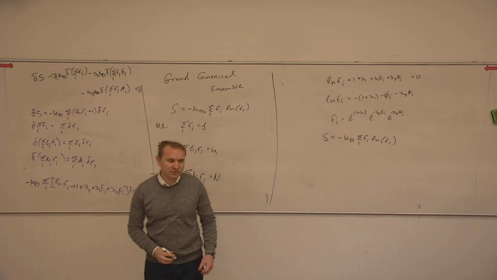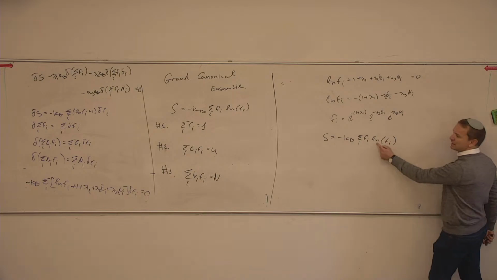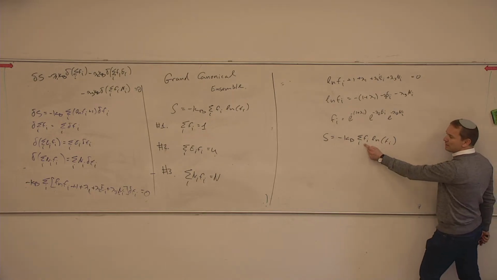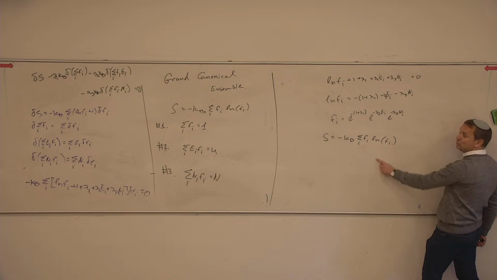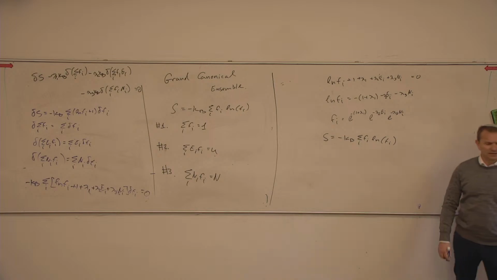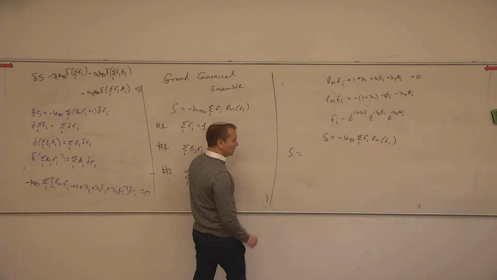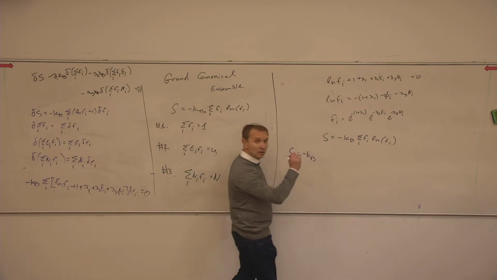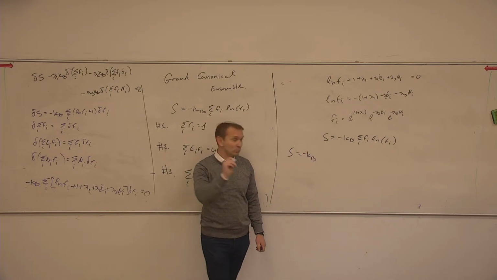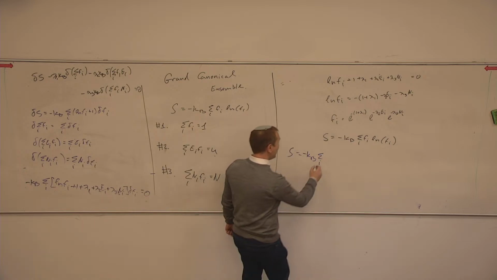The same trick goes: I'm substituting for Fi inside the logarithm, and I'm keeping this Fi here as Fi, because I'm going to use the property that the sum over Fi equals 1, and so on. So S equals minus K Boltzmann, sum over I, Fi.